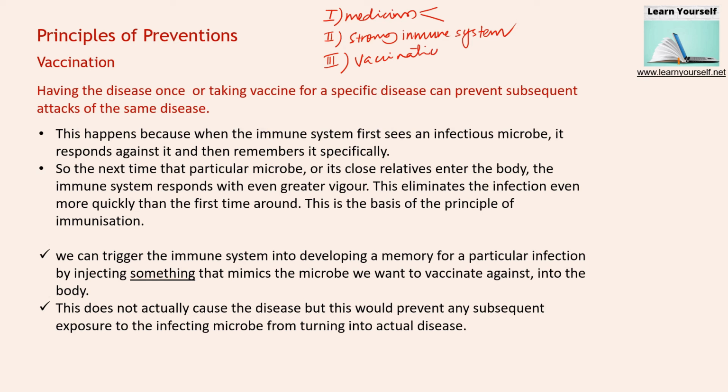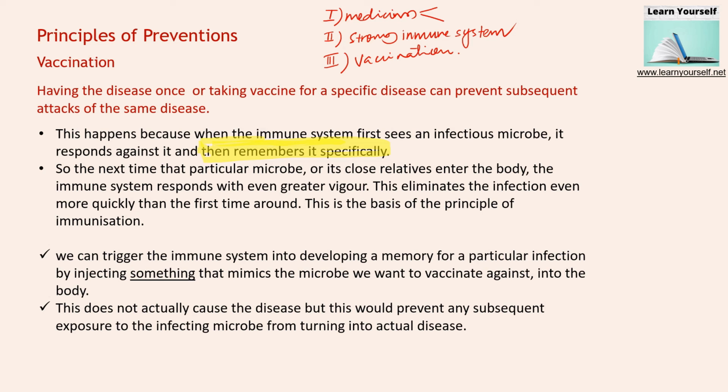So what is a vaccine? Vaccination will safeguard us against microbial infection. Having the disease once or taking a vaccine for a specific disease can prevent a subsequent attack of the same disease. This happens because when the immune system first sees an infectious microbe, it responds against it and then remembers it specifically.